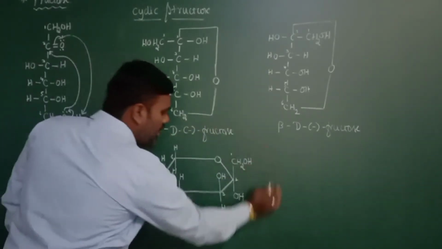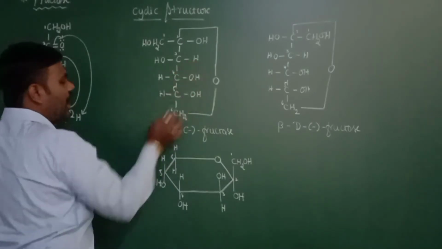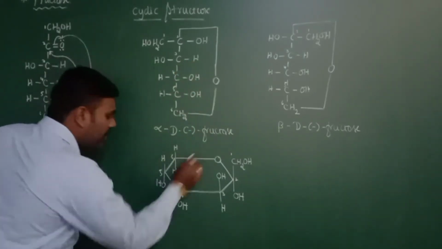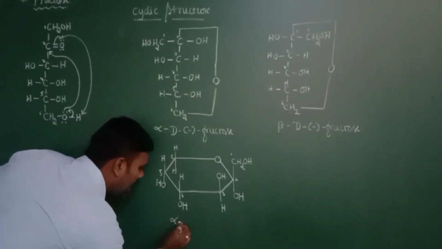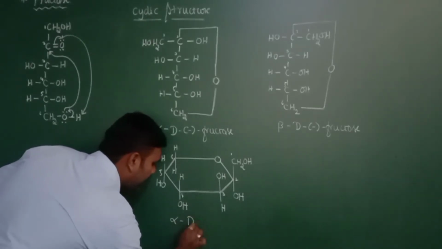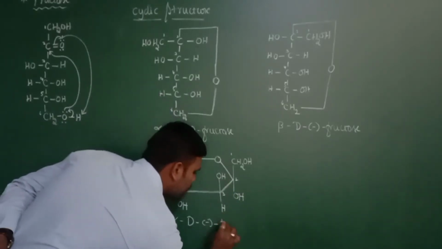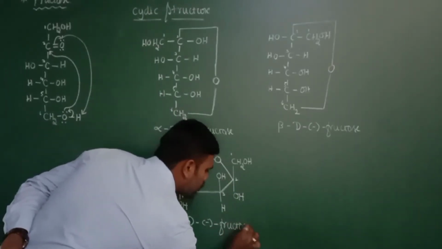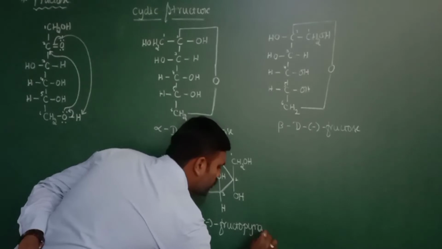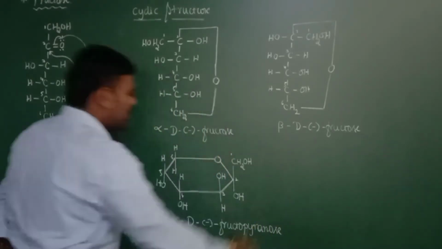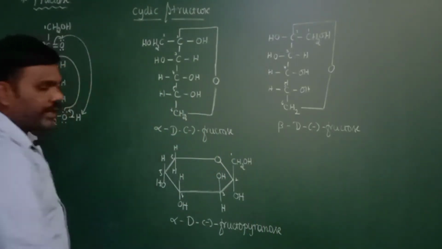So this is the complete Haworth form of alpha D fructose, but the name will change like alpha D minus, and it is the pyranose structure, so we should call it as fructopyranose. That is the Haworth form and its corresponding name.